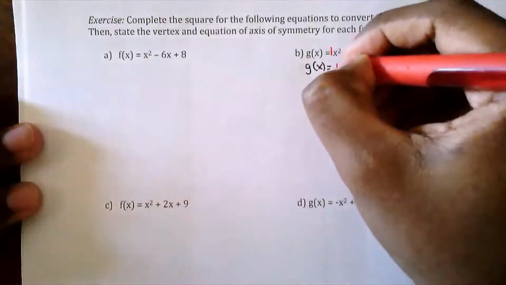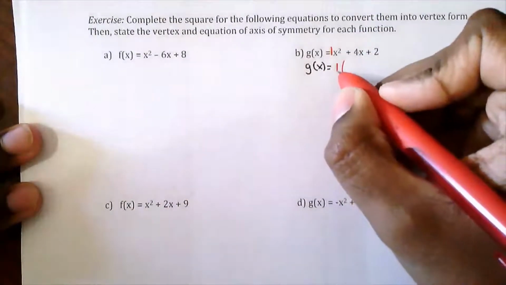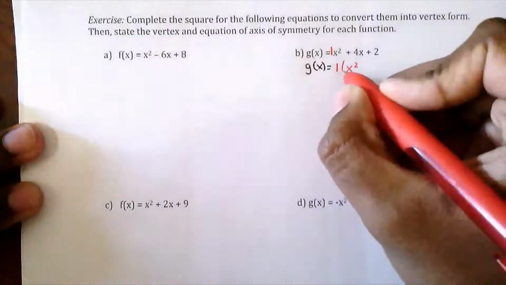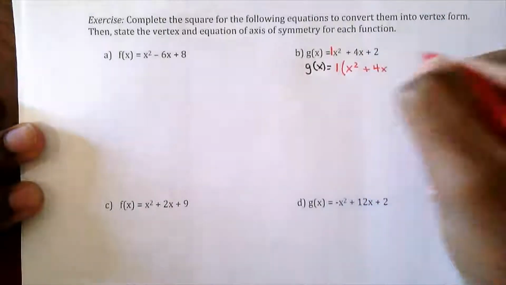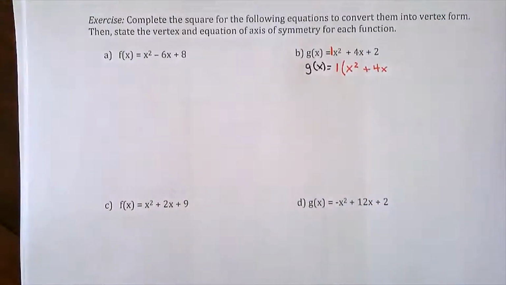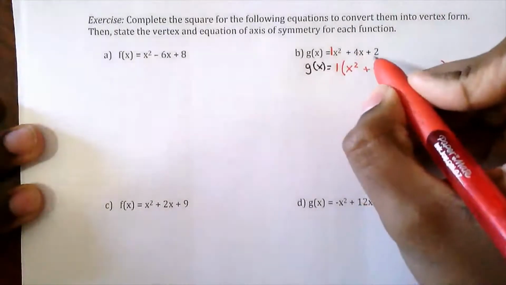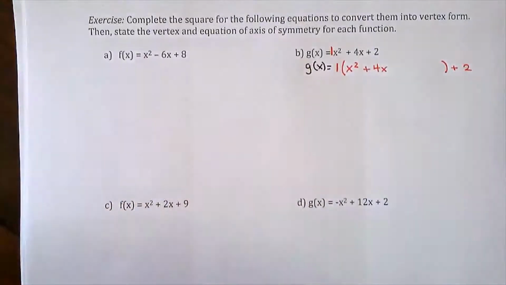So we're going to factor out a 1. When we factor out a 1, well, 1 times what gives us x squared? That's just x squared. And 1 times what gives us 4x? That's just plus 4x. So we factor out the 1 from the first two terms, then leave a lot of space and write down the c value, the plus 2. So that's all step 1.